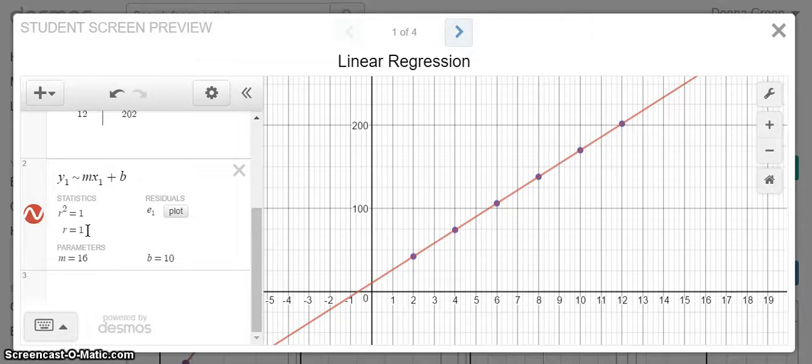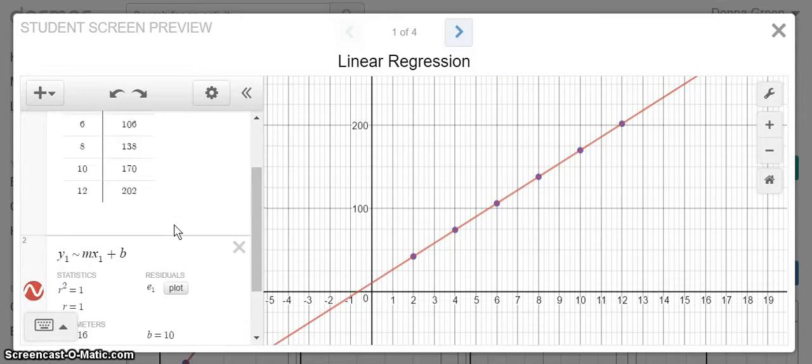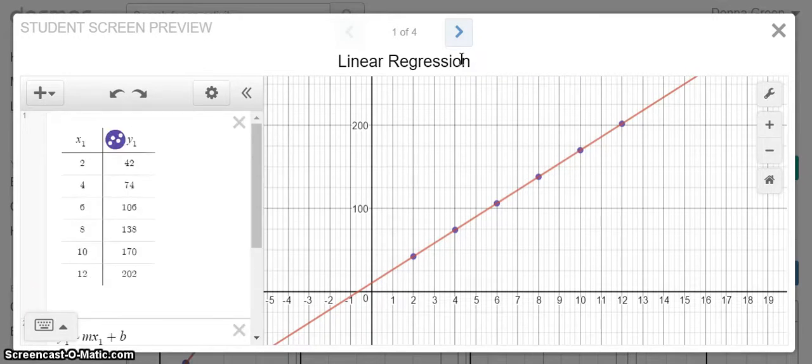They can look at the R value, the statistics. I really like that they can graph the residuals and make predictions based on the residuals. They've got the numbers for the slope and the y-intercept. So that is our first introduction to modeling using data.